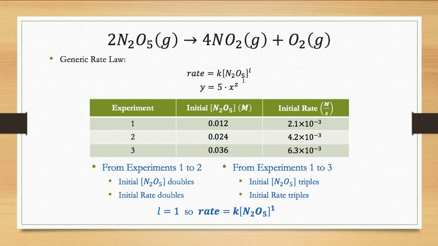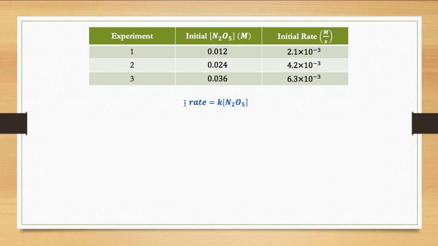So if I'm doubling the concentration and I get double the rate, it's basically saying these things are directly proportional, and so the exponent here must be a 1. Okay? So here's our generic rate law, but now we've filled in the value of L, right? And normally if it's a value of 1, you don't even need to include that. So we could just write it as rate equals k times the N2O5 concentration.